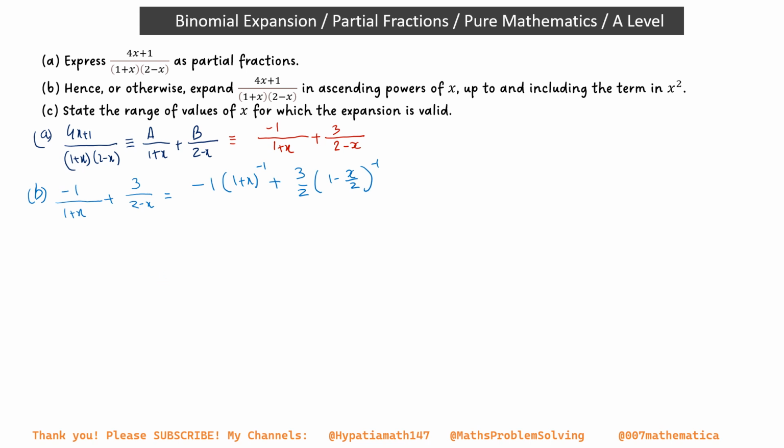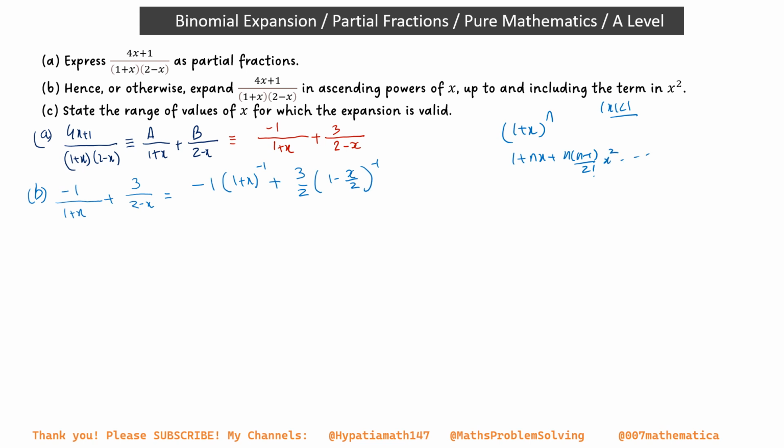Right, so then what would that be? So the formula that I'm going to apply, and we all know that, is 1 plus x to the power n. Of course, given mod x is less than 1, so 1 plus x to the power n would be 1 plus nx plus n times n minus 1 out of factorial 2 x square, and so on.